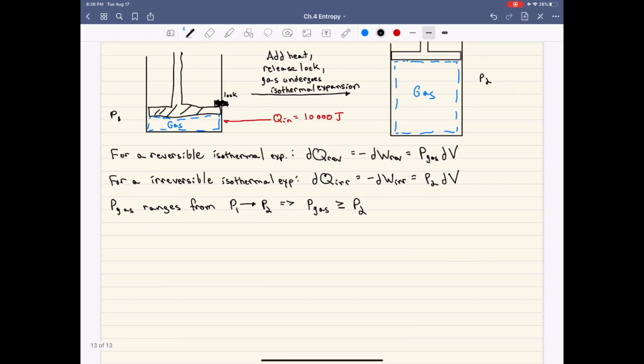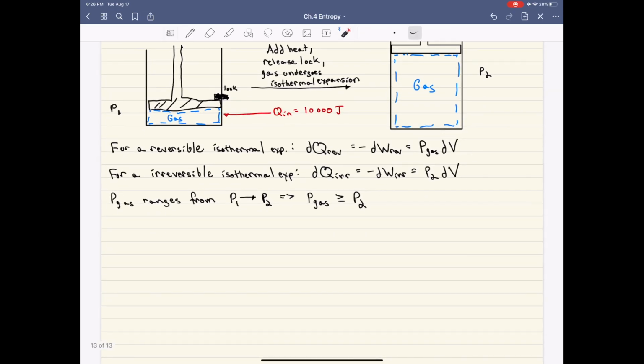And then similarly, if P gas is greater than P2 and dV is just going to be the same, that means that dq rev is going to be greater than or equal to dq IRR.